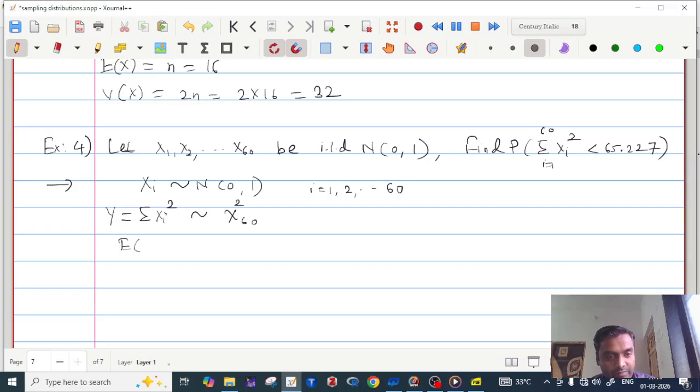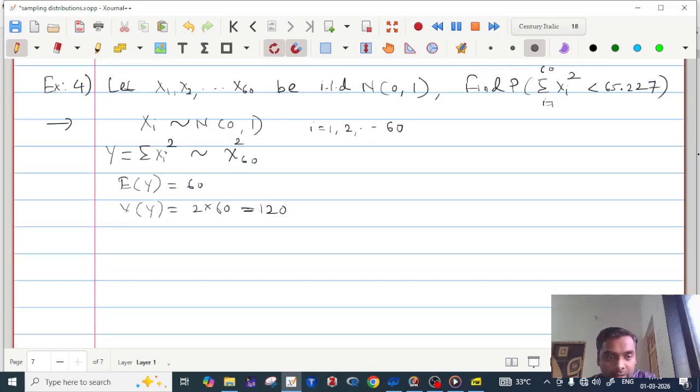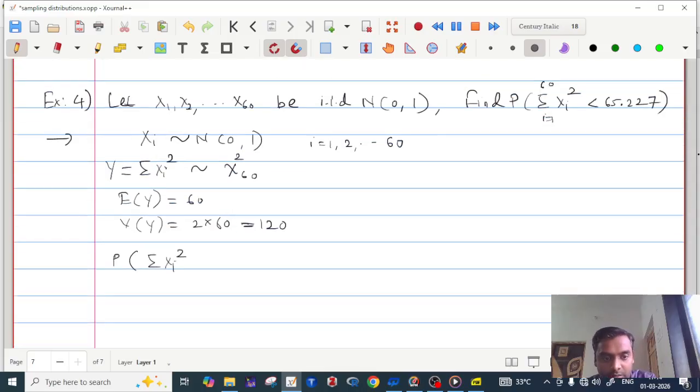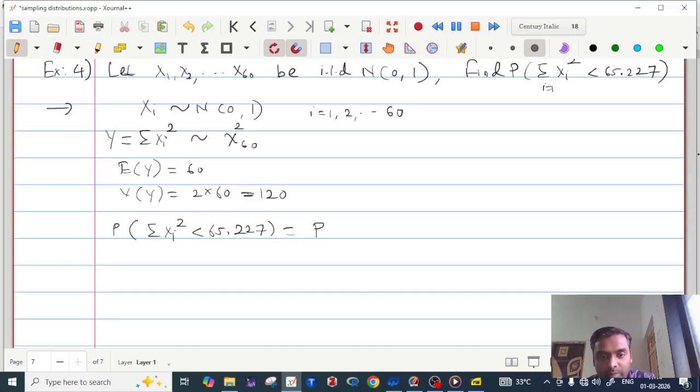The expectation of Y is 60 and the variance of Y is 120. The probability that summation xi squared, which is Y, with Y chi-square 60, is less than 65.227.